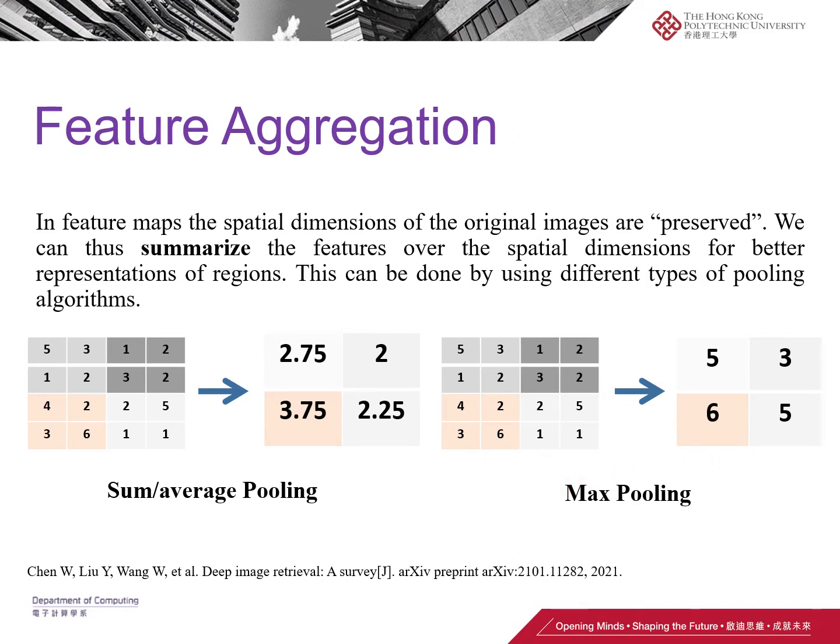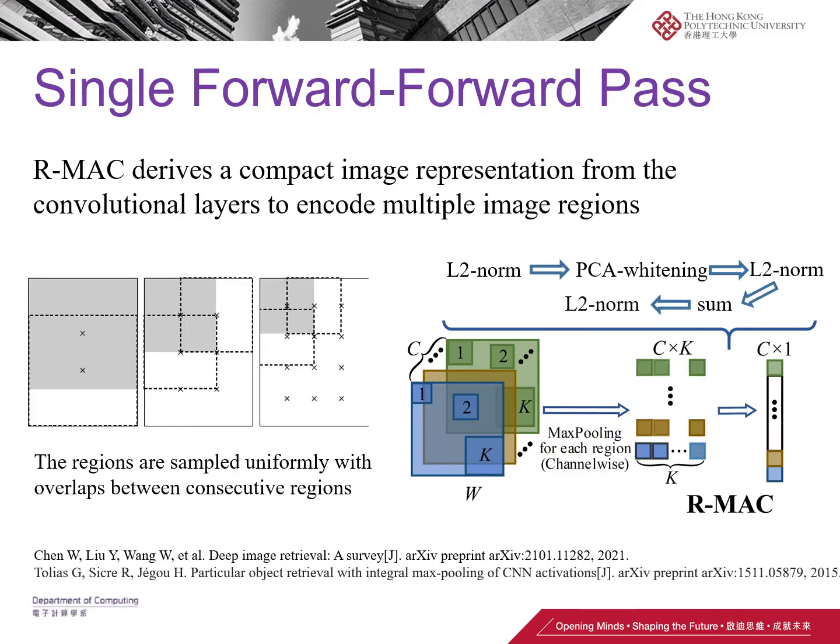This is one way, and by summarizing them into compact features, it can speed up the process of image retrieval, and sometimes it even improves the performance. The pooling is easy, and in addition to that, there is another method we can use.